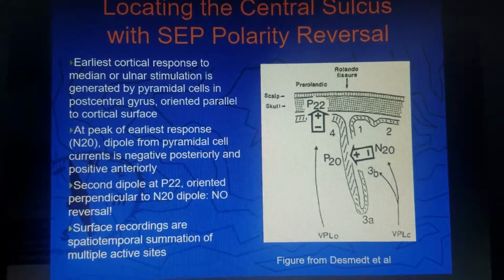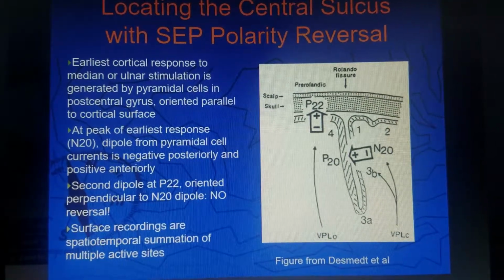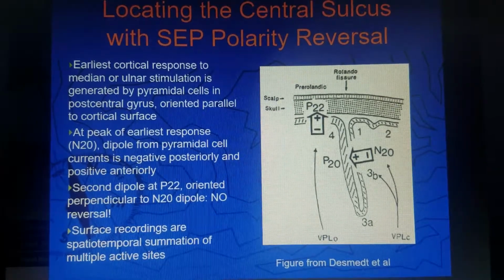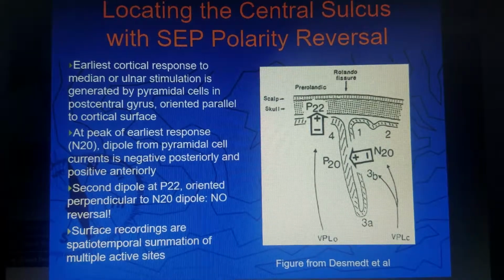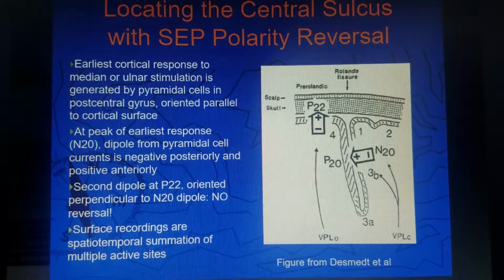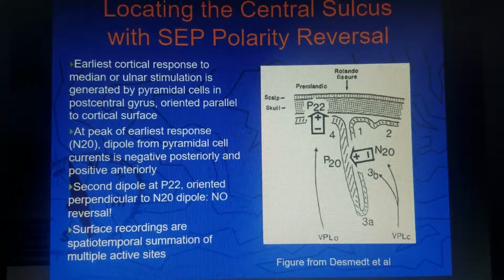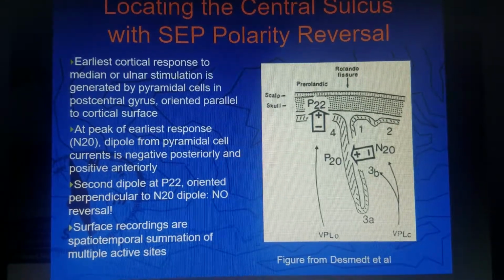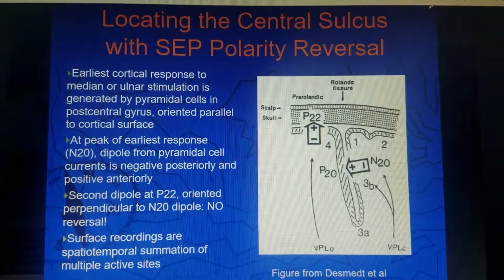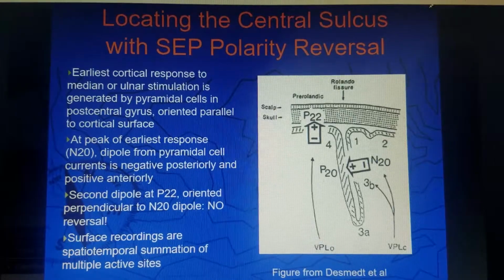And we know that the earliest cortical response that we can record to upper extremity stimulation is generated by pyramidal cells in the posterior central sulcus, and they're oriented parallel to the cortical surface. And so that's that little arrow that you see that's marked N20. And at the time of that earliest response, that dipole is negative posteriorly and positive anteriorly.